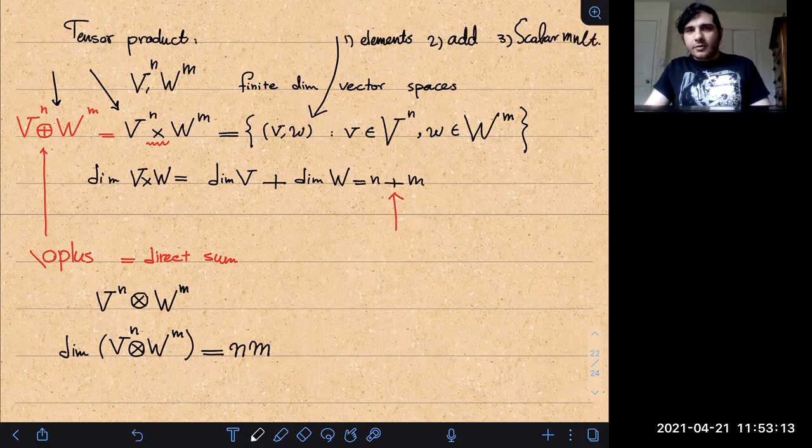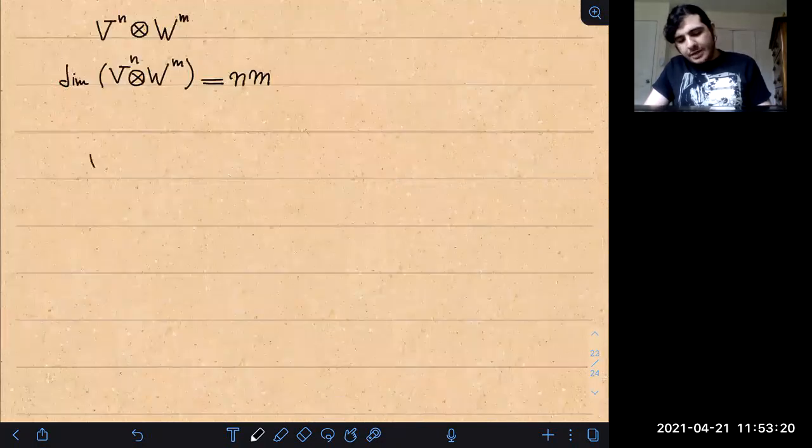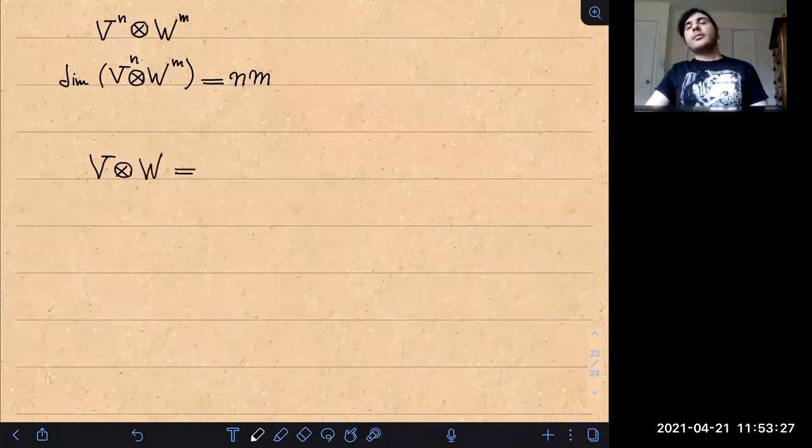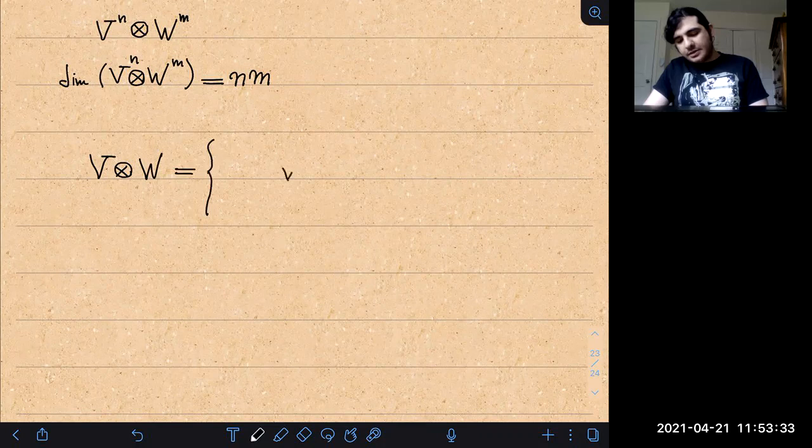Right. So for tensor product, we should do the same thing. When we have tensor product of two vector spaces, the elements are linear combinations of elements of this form: V tensor W, for some vector V inside the vector space V, and some vector W inside our other vector space.